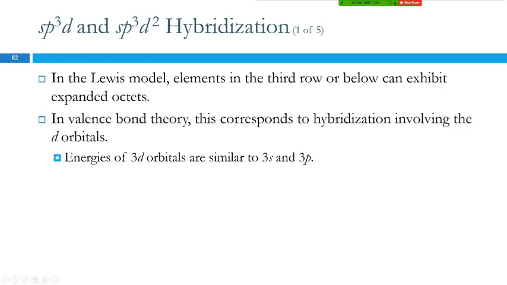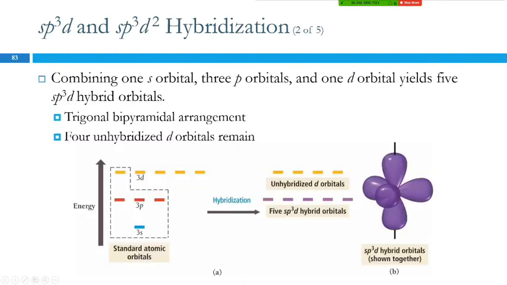So in the Lewis theory, we talked about how we can have expanded octets. And what happens in valence bond theory is now we're expanding into the d orbitals. The energy of the 3d orbitals is similar to the energy of the 3s and the 3p. And so this sort of thing can happen. So here we've got an s orbital and 3 of the p orbitals and 1 of the d orbitals.